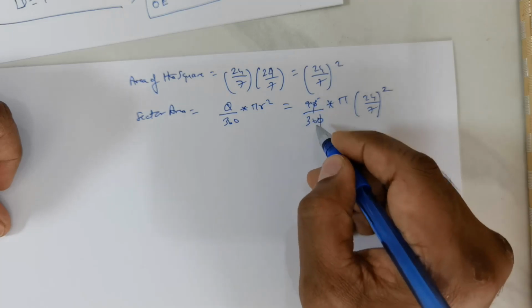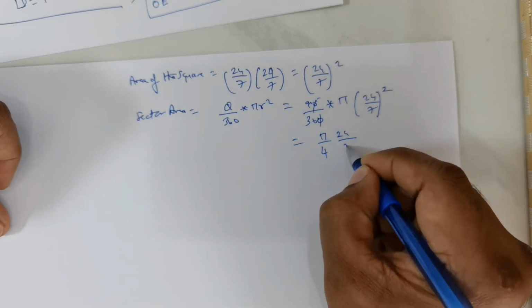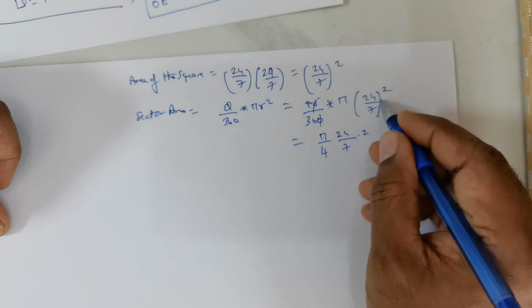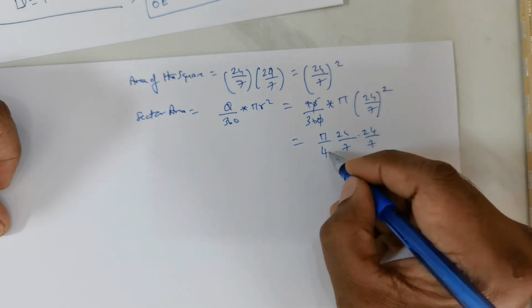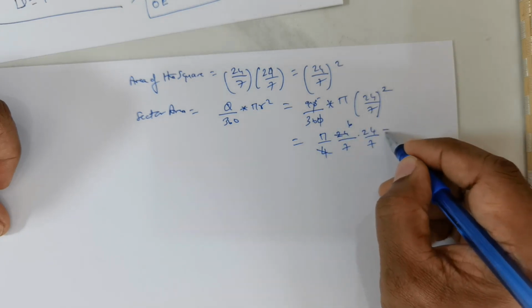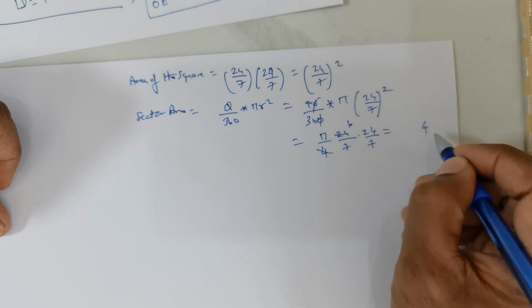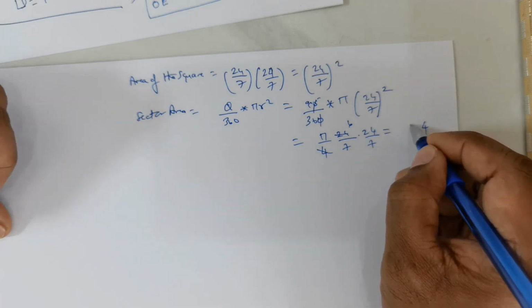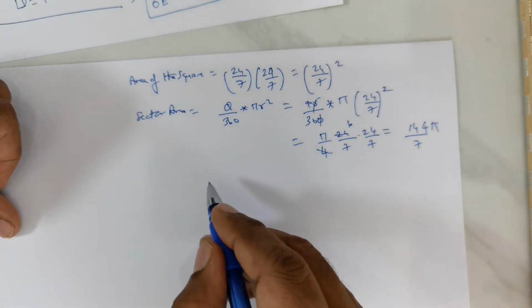So 9 divides here 4 times, so pi over 4, and I can write 24 over 7 squared as 24 over 7 times 24 over 7. 4 divides here 6 times. So this is going to be 6 times 24, which is 144, divided by 7 times pi.